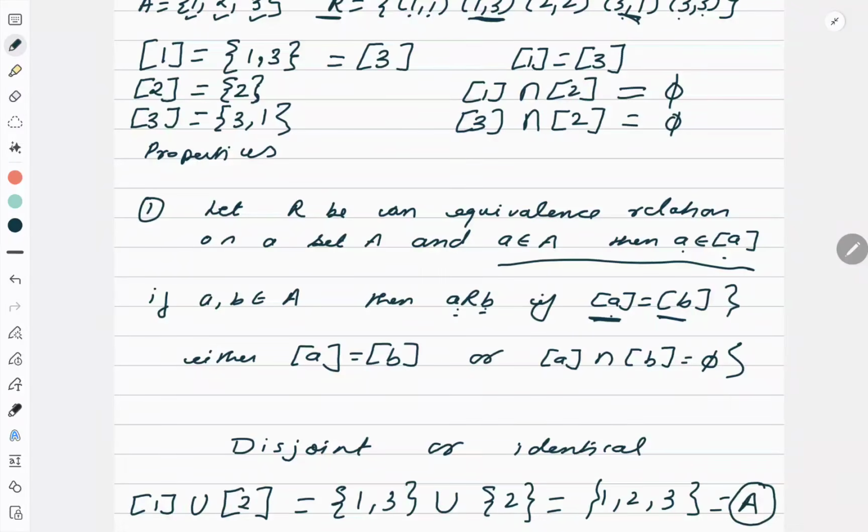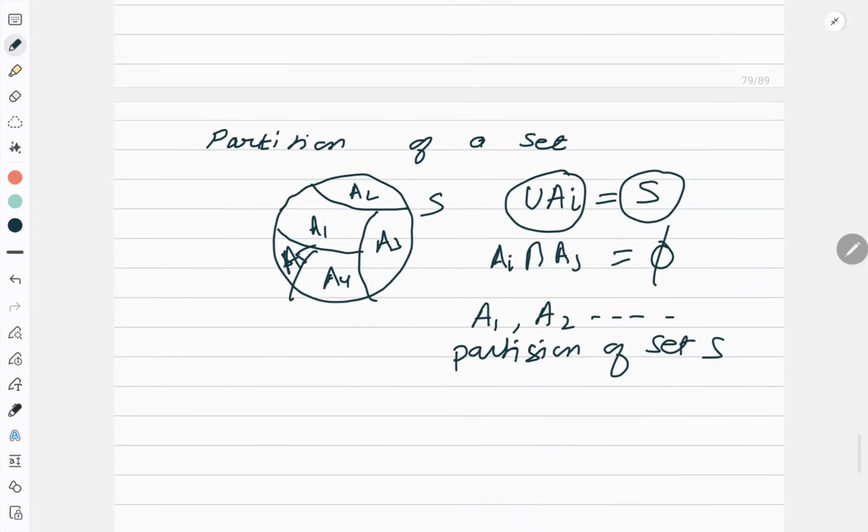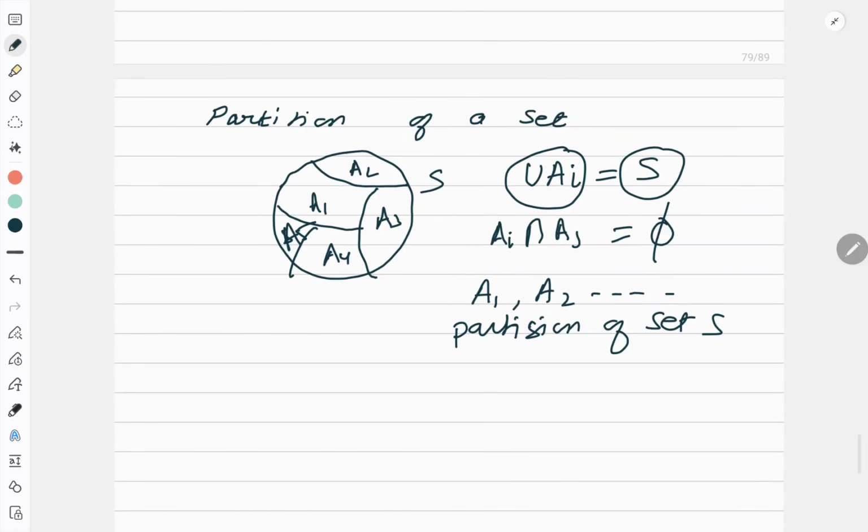So I can say that an equivalence relation induces a partition of a set. Correct? And this is the definition of partition which I have told you.